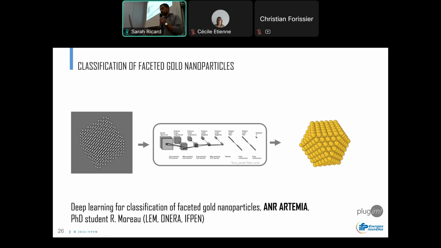He used CNN to estimate from this observation the configuration of the atoms of your nanoparticles. Here I represent the 3D representation, but concretely, the CNN provides you a vector of probabilities for a given configuration. So it's a very interesting way to use CNN to make classifications that are very difficult in the classical computer vision domain.